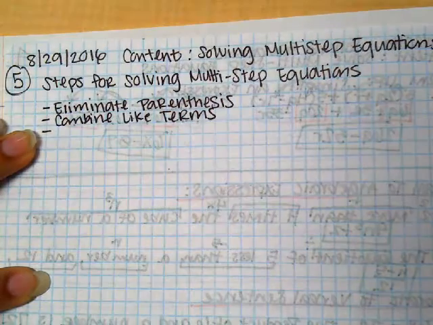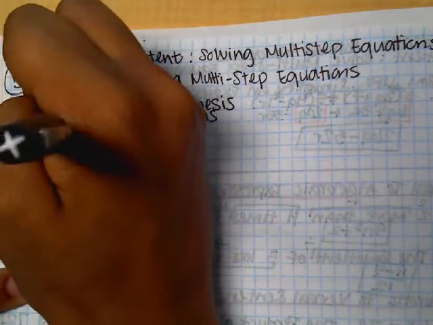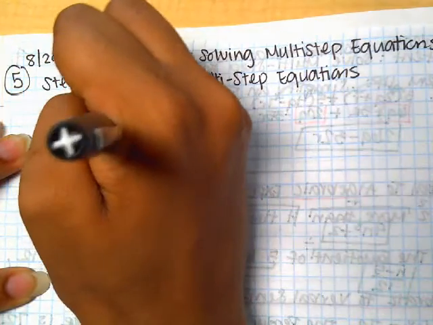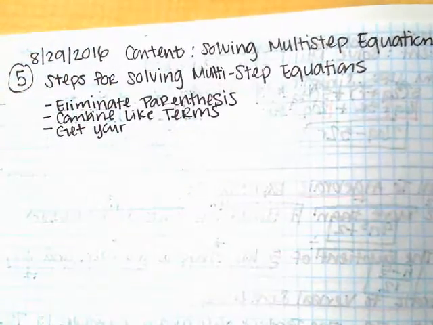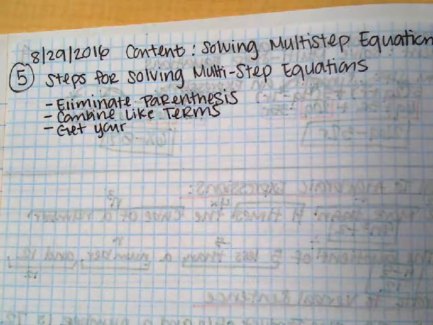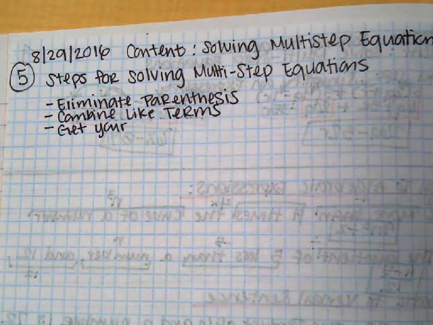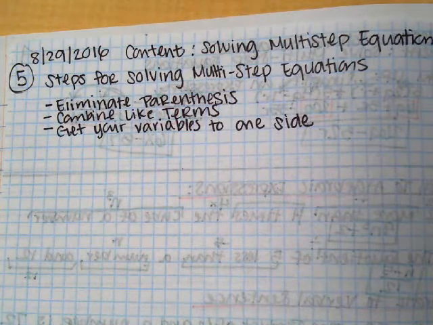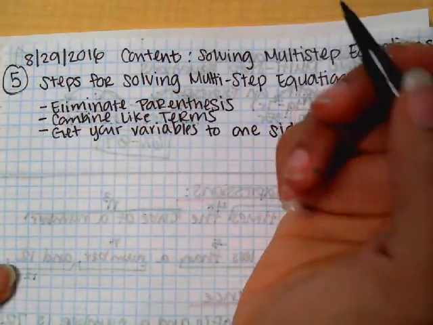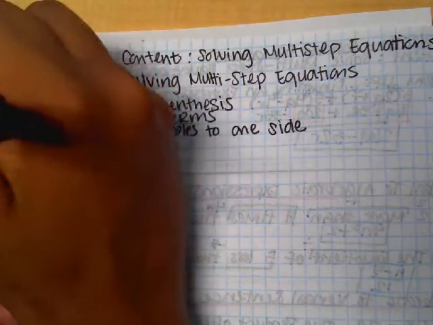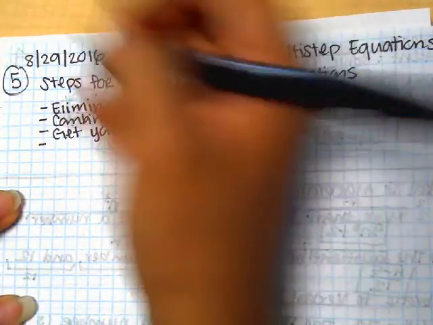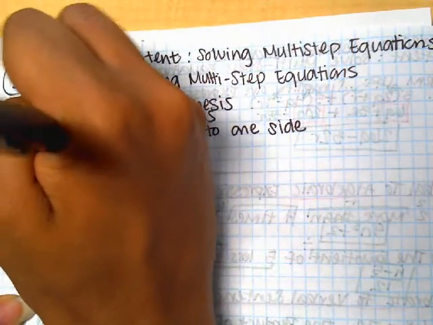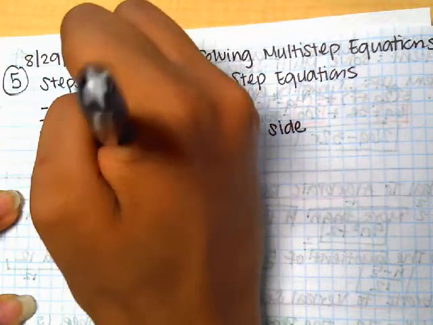After you get your variables to one side, then you're going to add or subtract. Finally, multiply or divide. Am I going to always use all of these steps? No, you're definitely not. But today we'll practice a couple of problems so you can see when to use them.